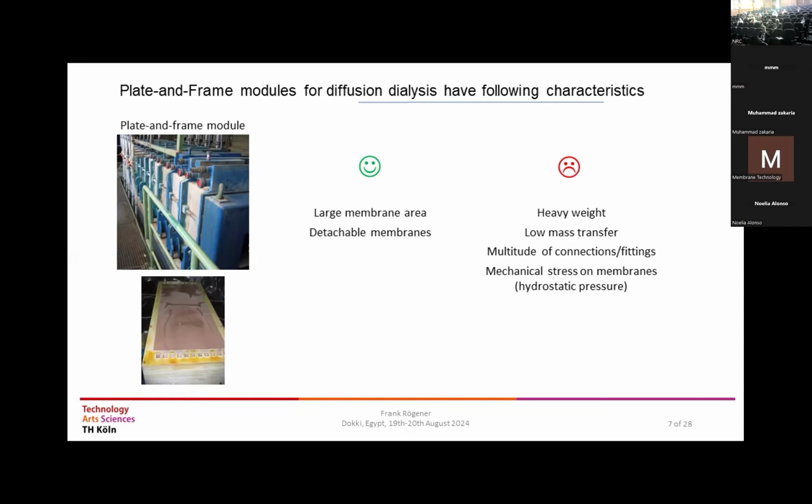And we also detected during the operation mechanical stress that is coming from the hydrostatic pressure and from the density of the solution that is different in the top part and in the bottom part of the respective modules. So there are different pressures working on the membranes, and this may also have a negative effect caused by mechanical pressure.